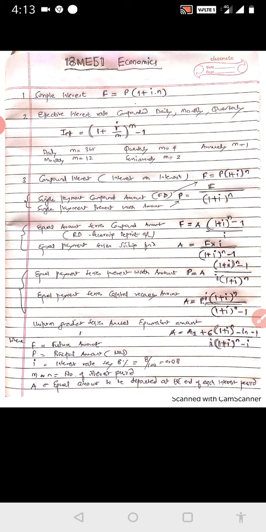So here P is equal to F divided by 1 plus I raised to N. This is the formula. Means I am making one payment today, and I want to know after some years, that is N years, how much money I will get, and that amount will be a future amount we write as F. So P is equal to F divided by 1 plus I raised to N.